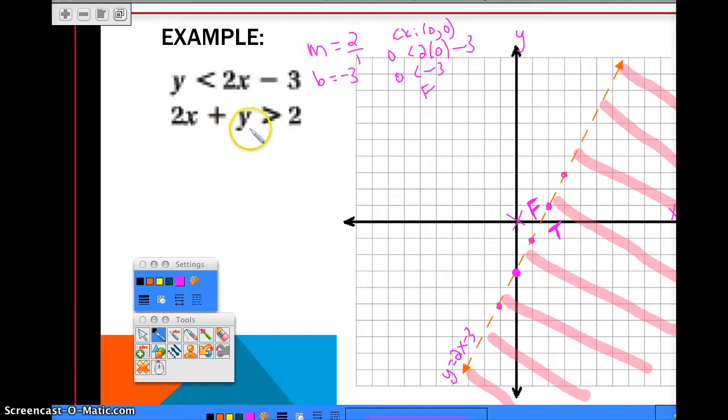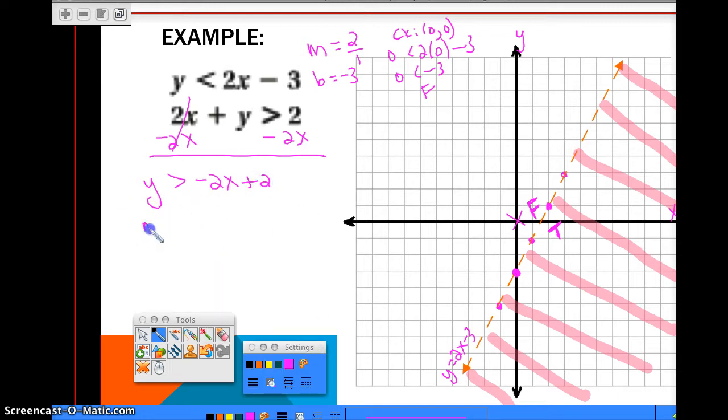You can use x and y intercepts, or it might just be as easy to subtract 2x from both sides, get y is greater than negative 2x plus 2, which gets it into slope-intercept form. M is equal to negative 2 over 1, and b is equal to 2. So that means we start at 2 on the y-axis, and we go down 2 to the right 1, down 2 to the right 1, and keep going until you get 4 or 5 points plotted.